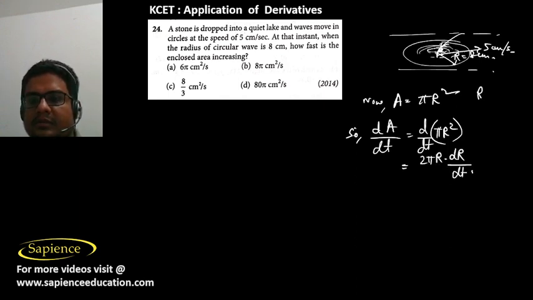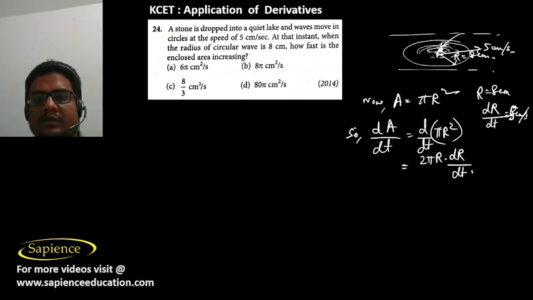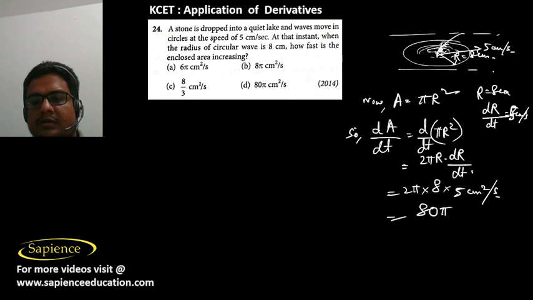Here the radius is 8 centimeter and the rate of increase in the radius is 5 centimeter per second. Therefore, it will be 2 pi into 8 into 5, that is 80 pi centimeter square per second. Option D is the correct answer.